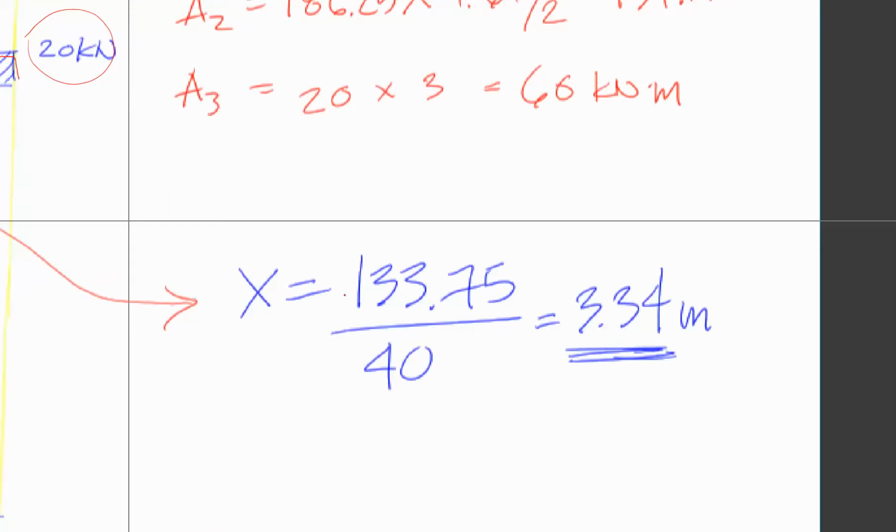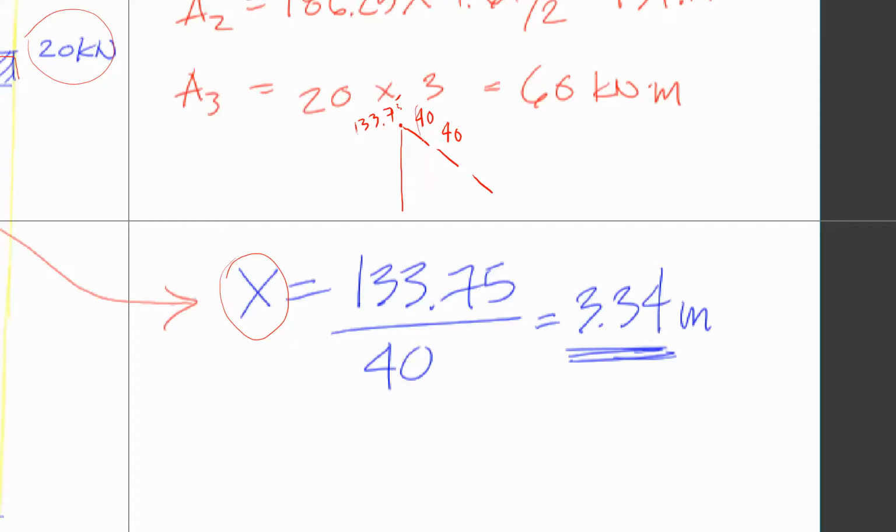x is equal to 133.75 divided by 40, which is equal to 3.34. So what is my x-direction travel? I start at 133.75, and for every 1 meter I travel, I go 40 kilonewtons down.